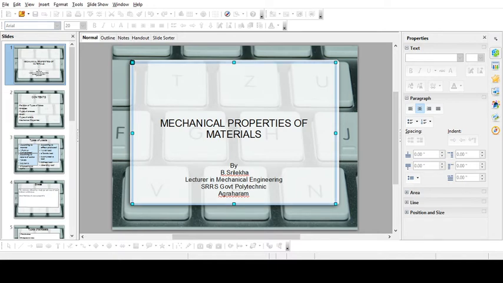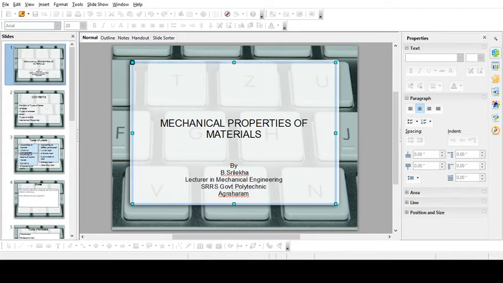So toughness is the property which will facilitate deformation rather than fracture whenever the material is subjected to heavy load.